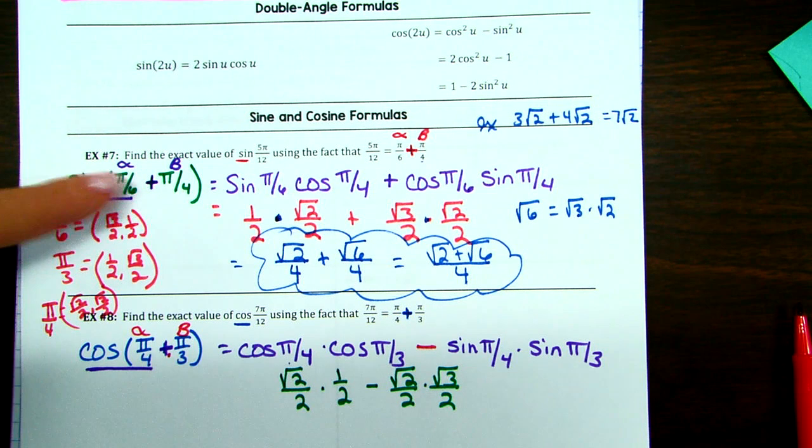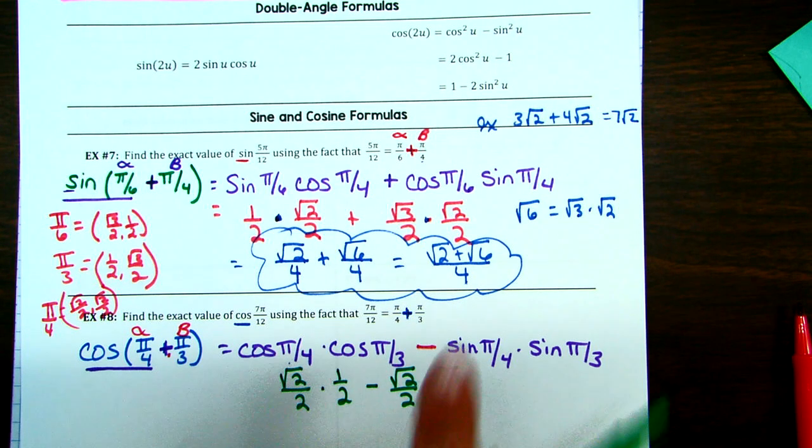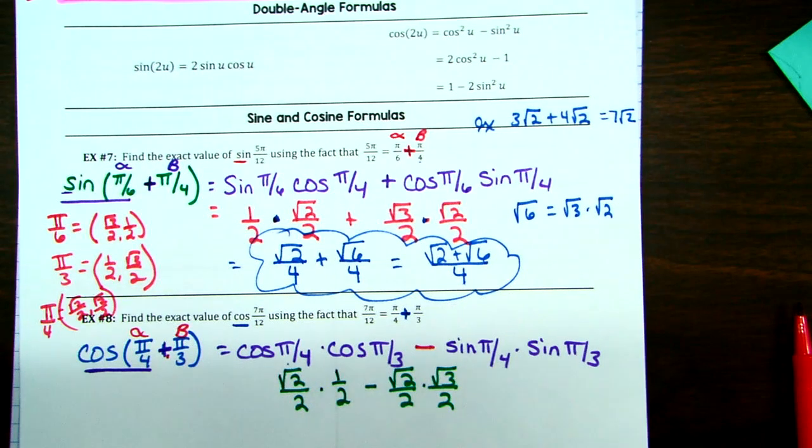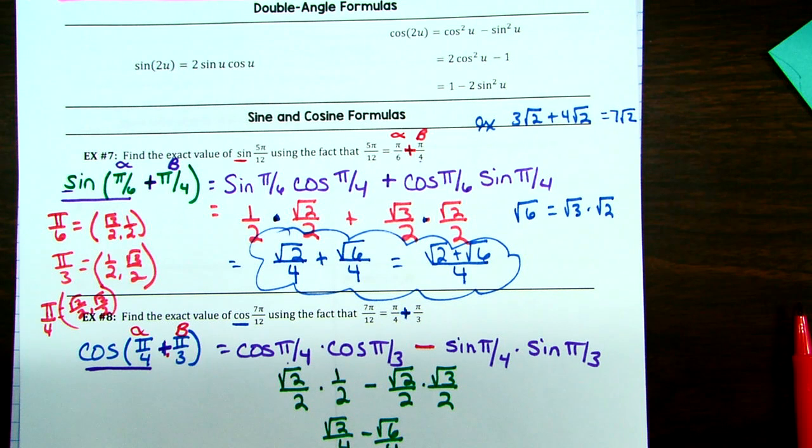Because those are really the only numbers on the unit circle. Some of the signs will change, or if they throw in the quadrantals, you could have some different answers. But other than that, you're going to have a lot of answers that look like this, as you'll see right here. You get the square root of 2 over 4 minus the square root of 6 over 4. Again, you could write it as one big fat fraction like we did here. You could factor out that radical like Michael was just talking about.